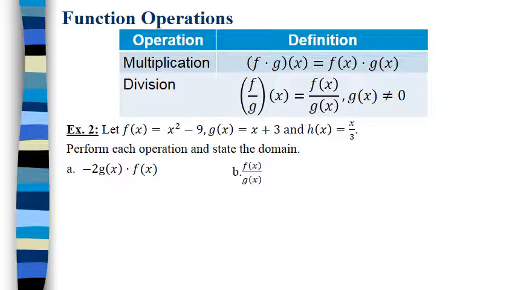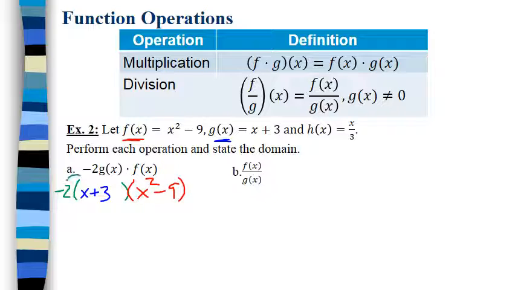Okay, we can also multiply and divide functions. So in A here we're going to do negative 2 times g of x, and so if g of x is x plus 3, and then times f of x, so if f of x is x squared minus 9, and now we're going to simplify.